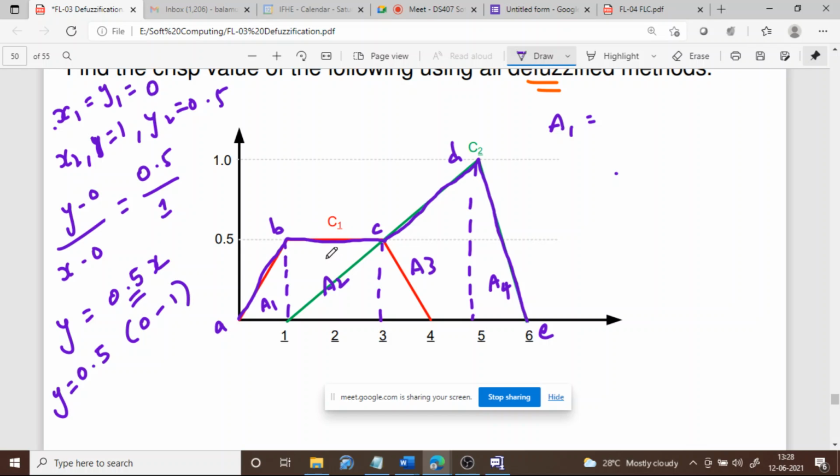Similarly, you have to find B2C. For B2C we need not calculate like this, because from the plot itself it is visible. For the range of B2C, y is equal to what?